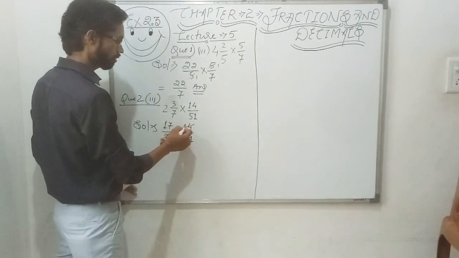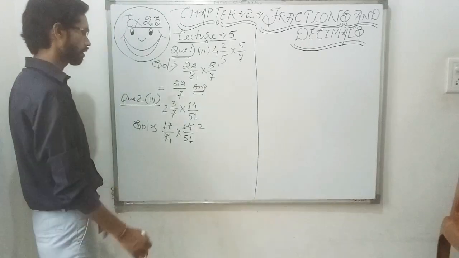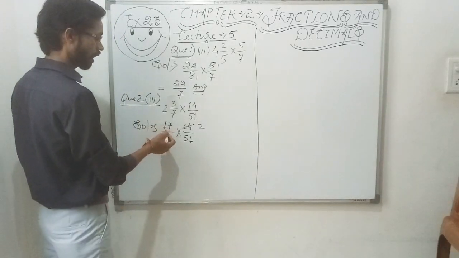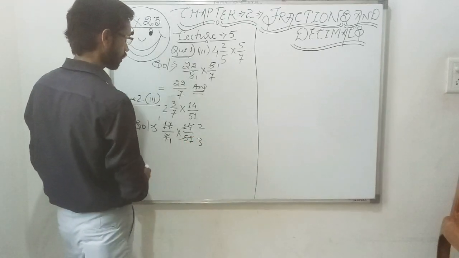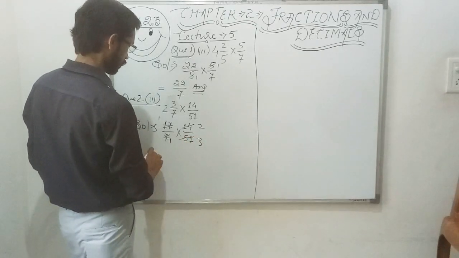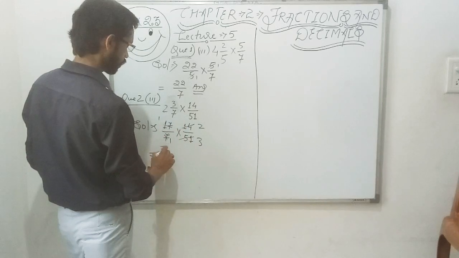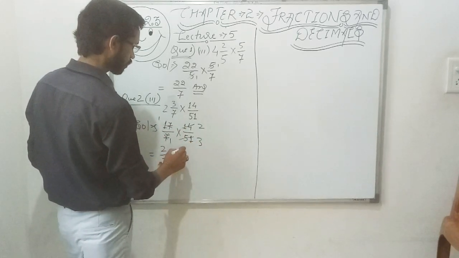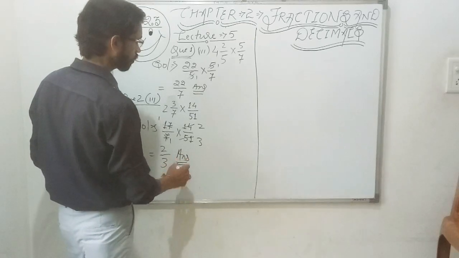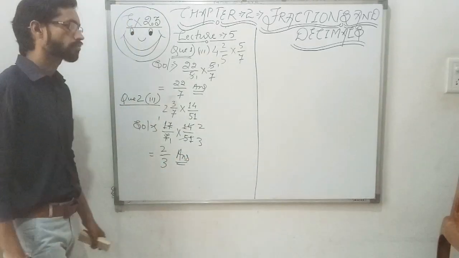So 7 ones are 7, 7 twos are 14, and here 17 ones are 17, 17 threes are 51. So what is our answer? We have 2 in the numerator and 3 in the denominator. That means 2/3 is our final answer.